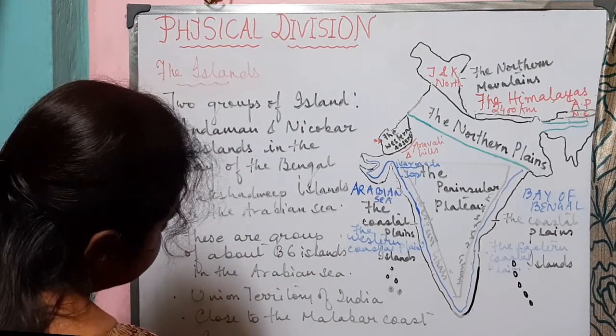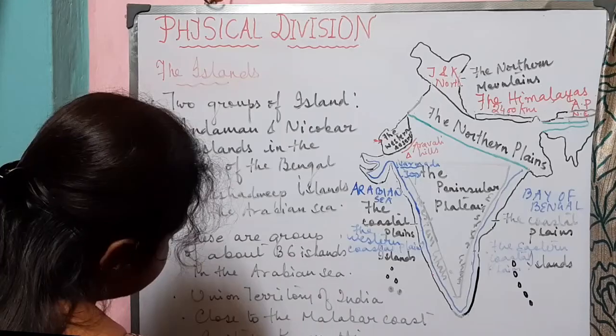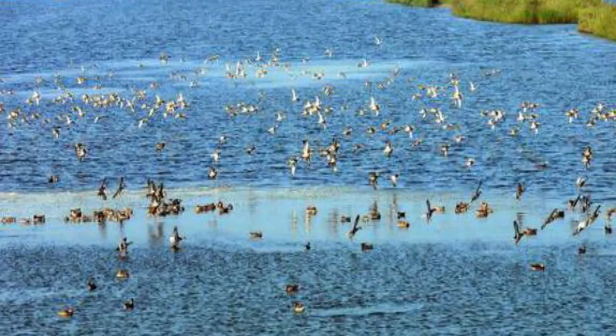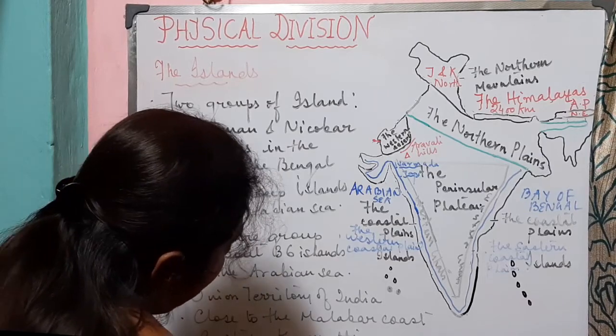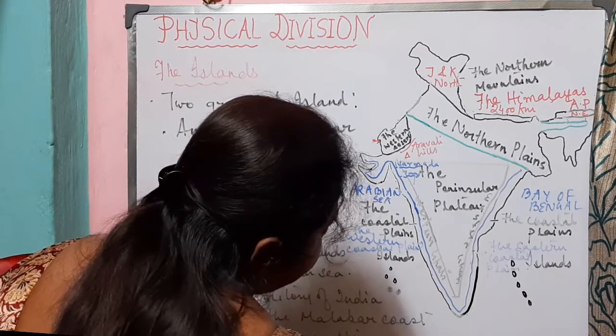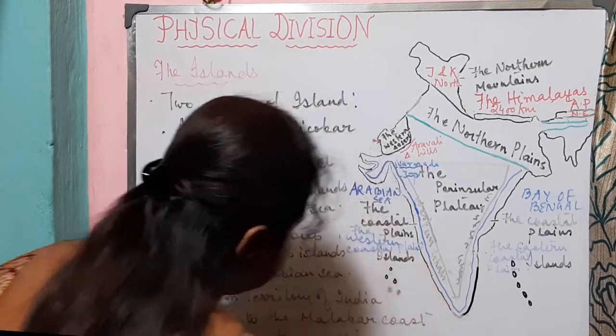In Lakshwadeep Islands, the capital is Kavaratti. It is very famous for the Pitti bird sanctuary. Only a few of the islands are inhabited in Lakshwadeep Islands.